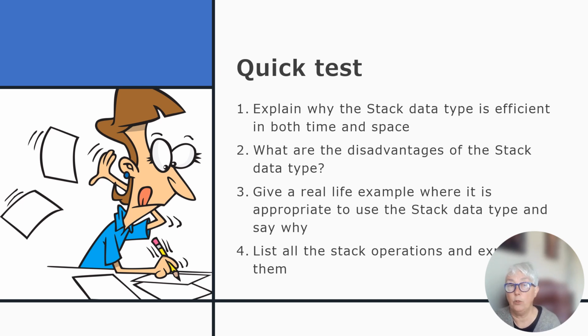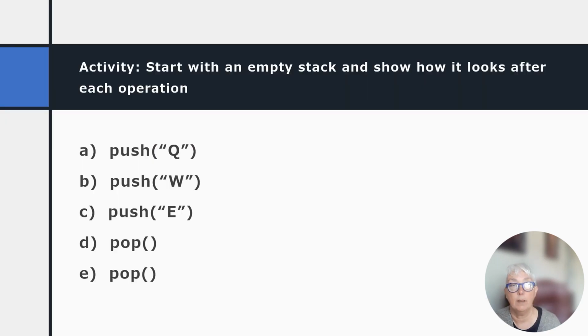So bring that to the next lesson, the answers to those 4 questions. That shouldn't take you long, and I've got a little activity on the next slide, and then we're done. So here's the activity. Draw an empty stack. You can copy the way I did it, a vertical set of empty locations, and show how it looks.